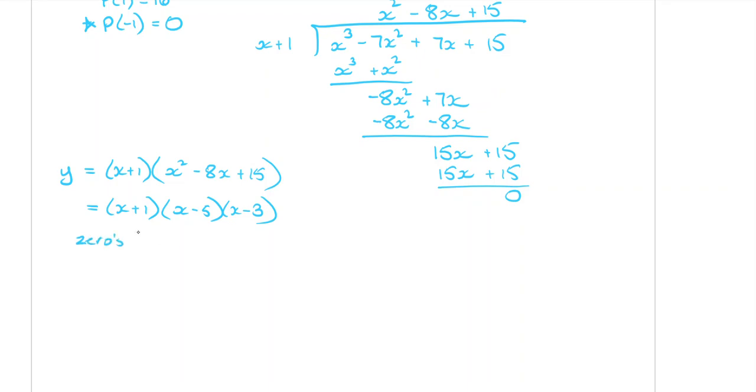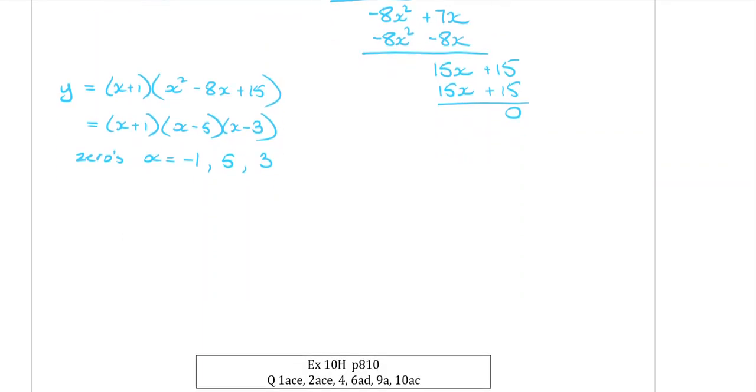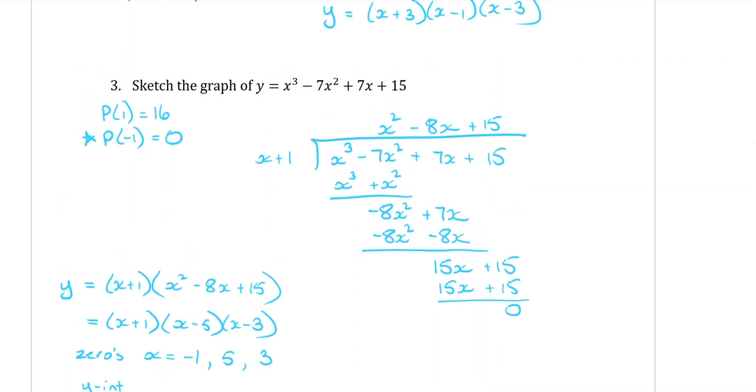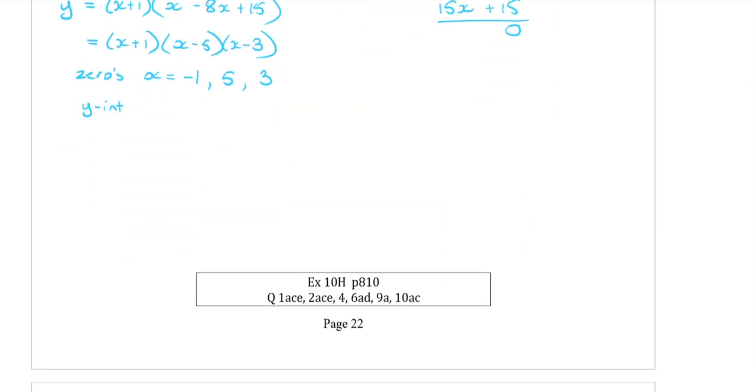From the brackets, using null factor, I would get x is equal to negative 1, positive 5, and positive 3. I would then also want to find my y-intercept, which I could sub in that x is equal to 0. But if you have the expanded version of your equation, the y-intercept is always the number on the end. So that means my y-intercept is at y is equal to 15.